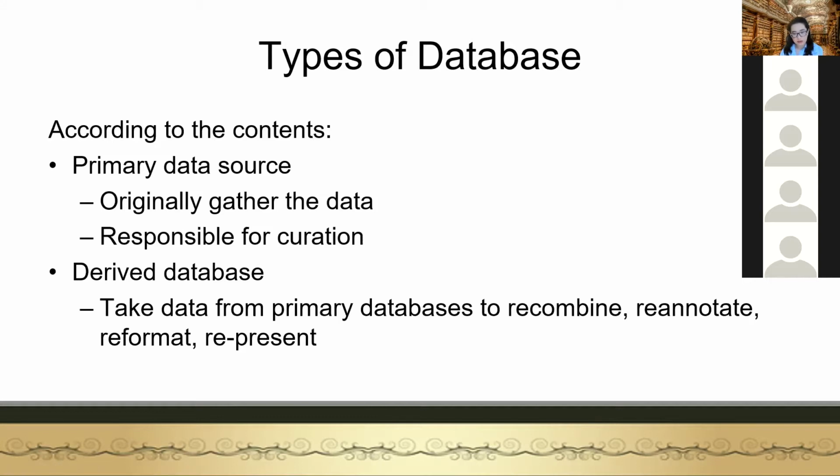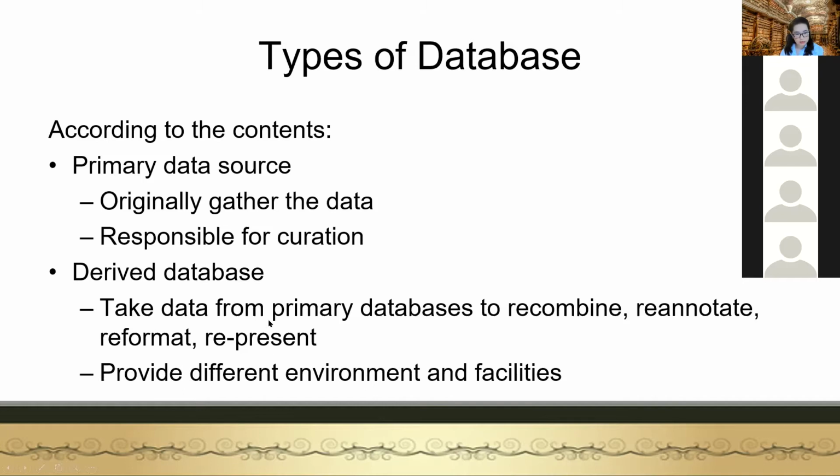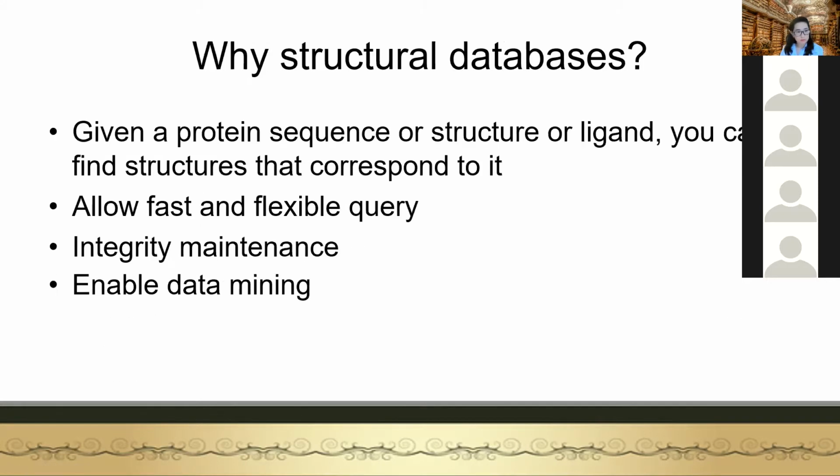So they gather it and re-annotate it into the class of the protein according to the shape. And then they deposit it with different IDs in order for you to withdraw the data. And they provide different environments according to the type of the database that they offer.